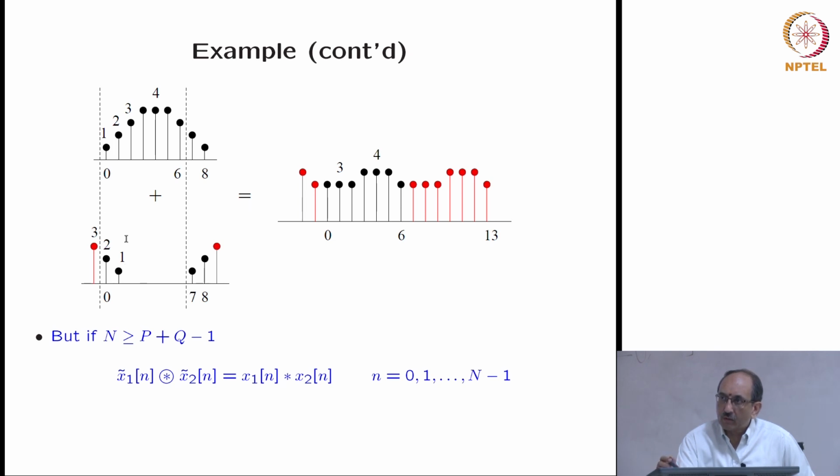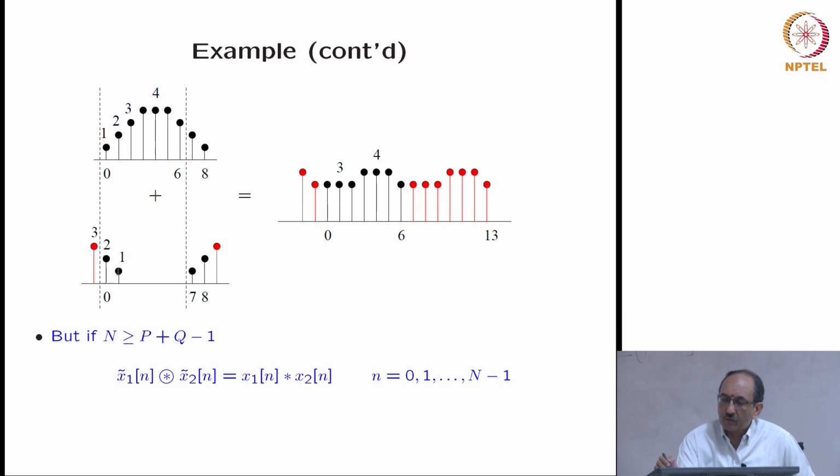Note that for periodic convolution you need to restrict yourself only to the range 0 to N minus 1, in this case 0 to 6. Therefore, the repetition to the right, which starts from here, you need not worry about, because this is outside 0 to N minus 1. What you need to worry about is only the left shift.